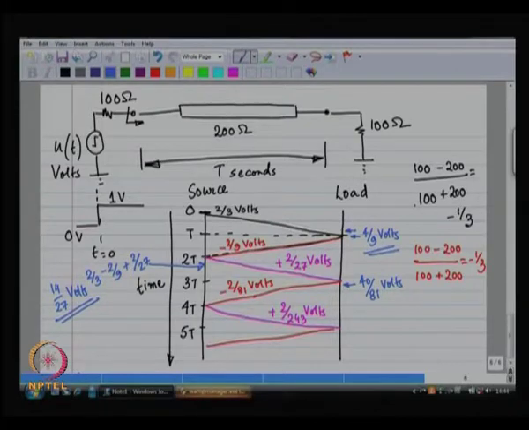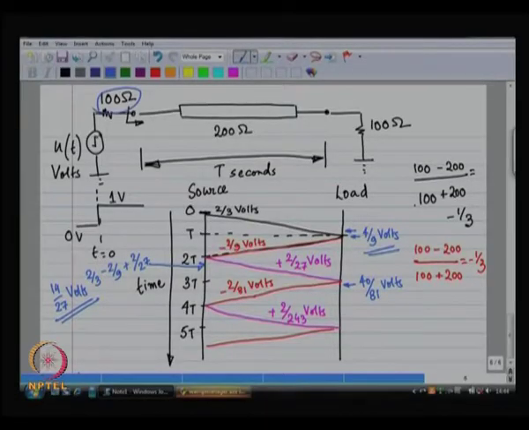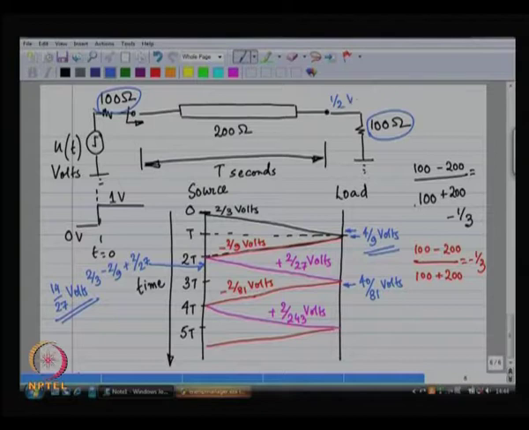What you can show is that as time progresses to infinity, the voltage at the load is going to be equal to the voltage at the source and is going to be equal to half. It is a resistive divider, 100 ohms, 100 ohms. I have a wire in between, and you expect a voltage of half a volt over here. That is what you are going to get after a long time.